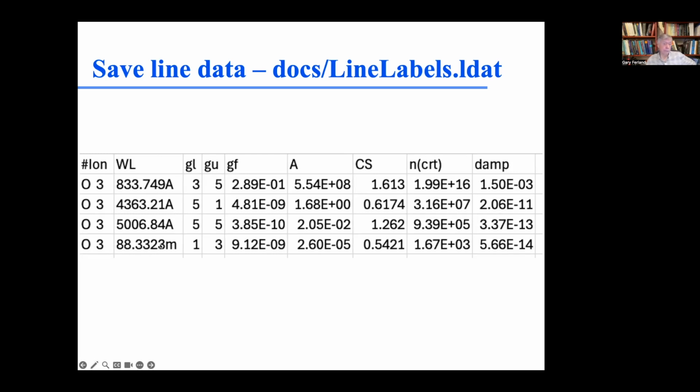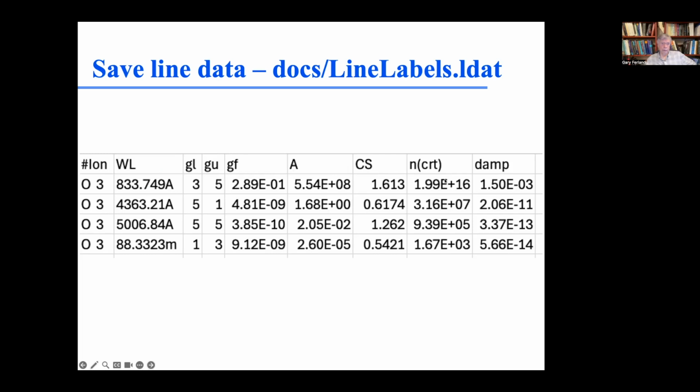This is a famous infrared line from that ground term, 88 microns. Here's the line 5007, which is frequently the strongest line in the optical spectrum. This is a much weaker line, but you can combine it with 5007 to get a temperature. And finally, this is an O3 line in the vacuum ultraviolet, the FUV.